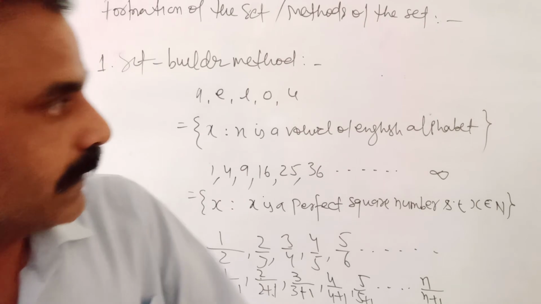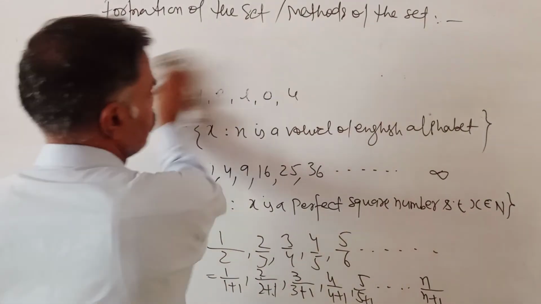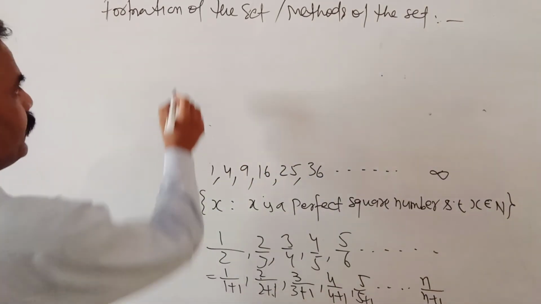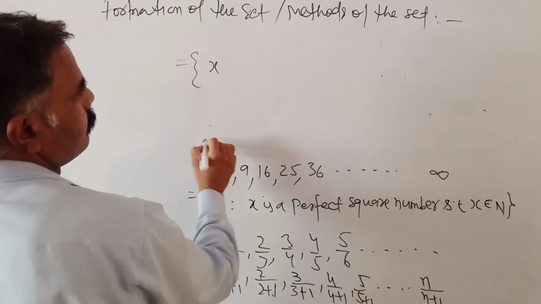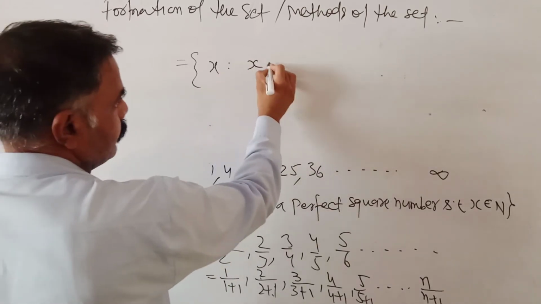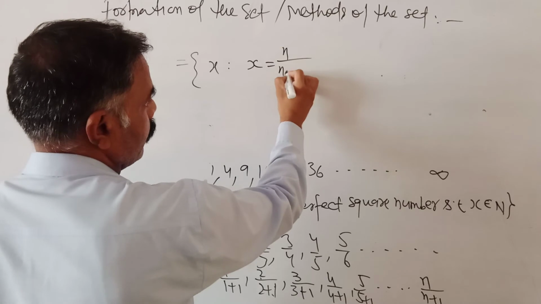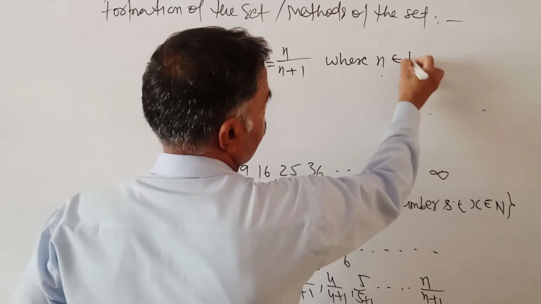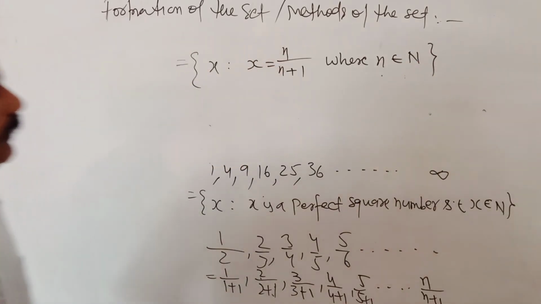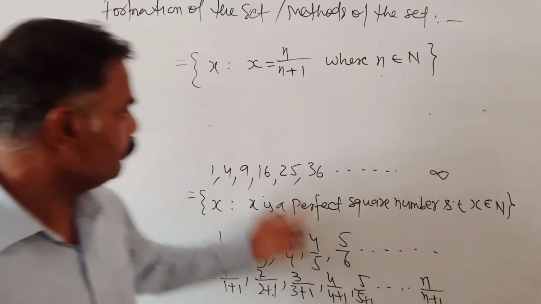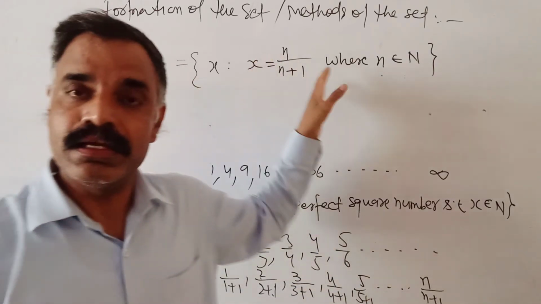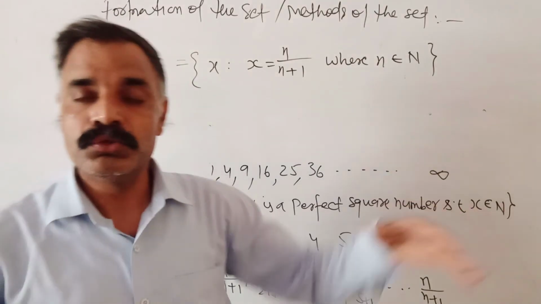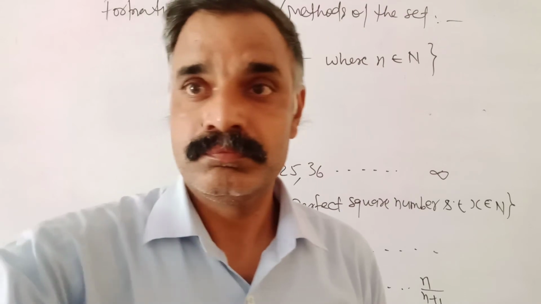This collection can be represented as x such that x equals n upon n plus 1, where n belongs to the set of natural numbers, using the set builder method.